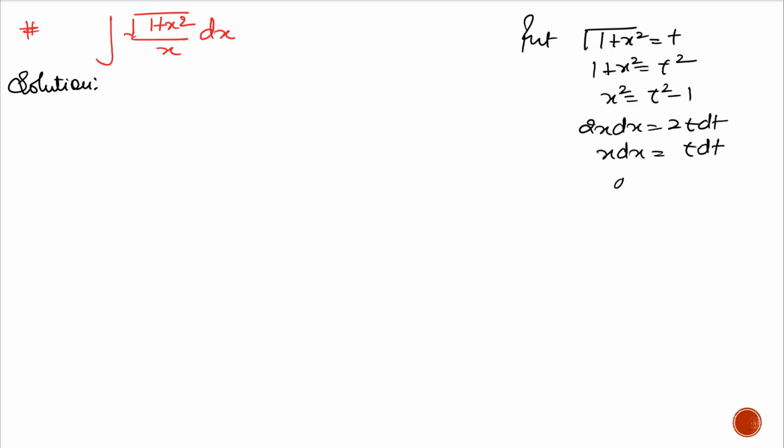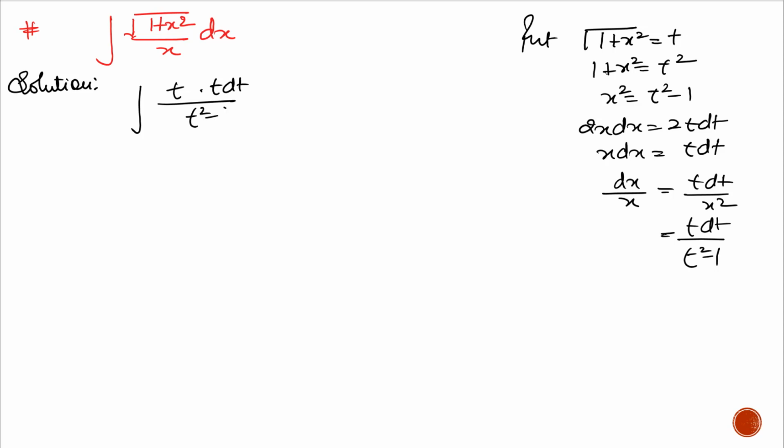Now divide by x square both sides and we get dx upon x equals t dt divided by x square, and the value of x square is t square minus 1. So dx upon x is replaced by t dt divided by t square minus 1, and the 1 plus x square replaced by t. After simplification we have t square divided by t square minus 1.